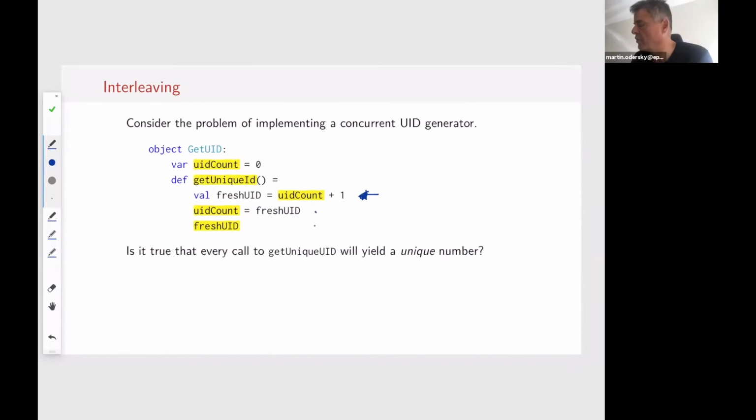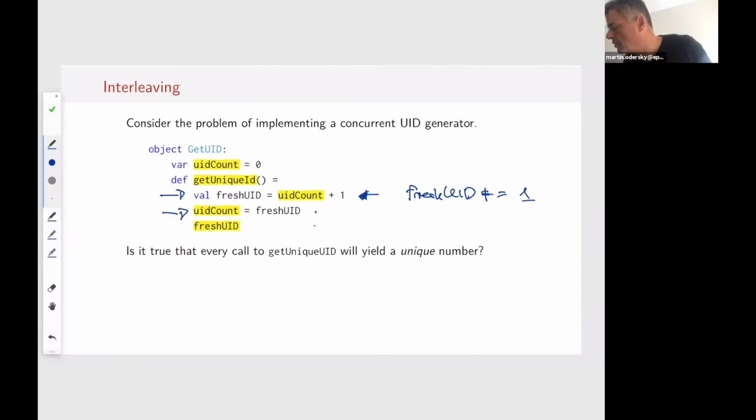Could we have done things better if we had written UIDcount plus equals 1 immediately, let's say? And the answer is no. It would be the same thing, because that looks like a single statement, but it isn't. It will decompose into this and that.